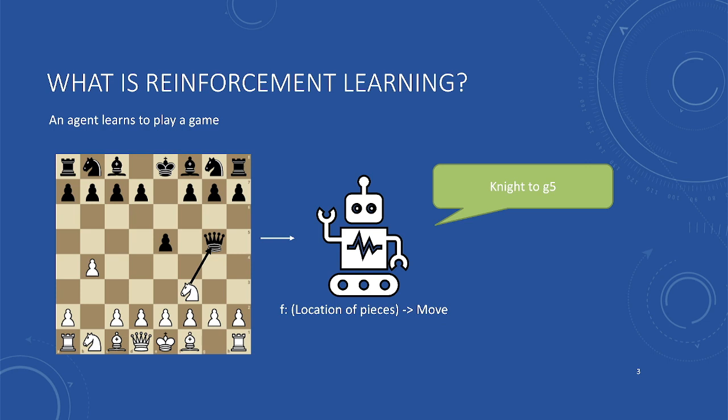So the agent, in some way, is defined as a function that receives as an input all the information it needs about the current situation of the game. For example, all the locations of the pieces on the chessboard. You could also use the picture of a chessboard with the pieces on it as an input. Then you would have the color values of the pixels in the image as an input.